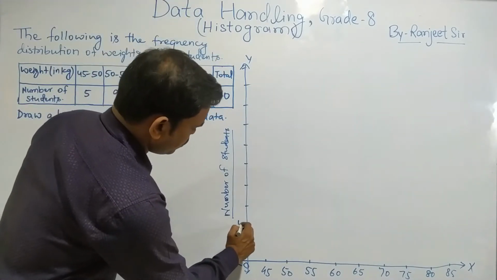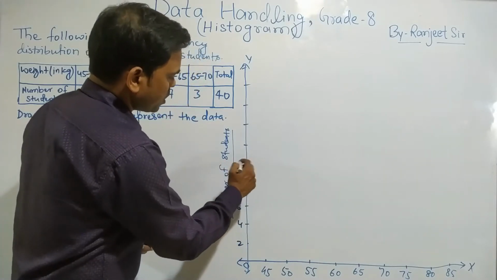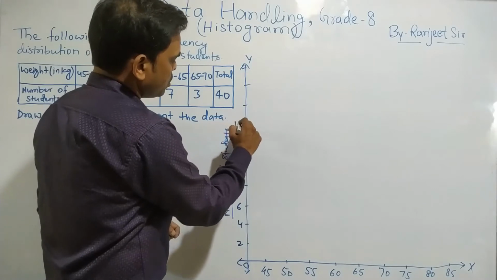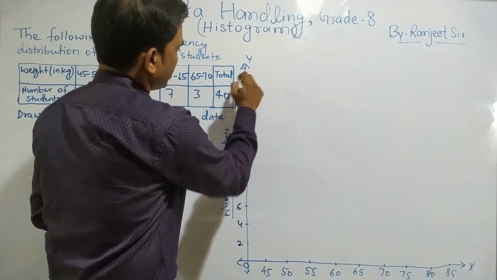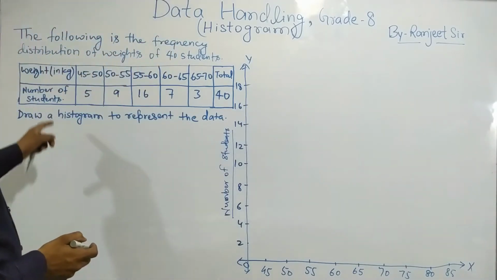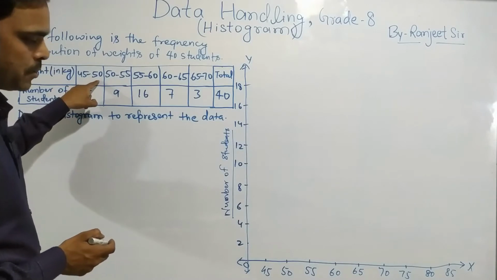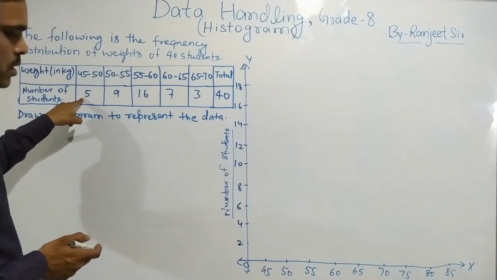So 2, 4, 6, 8, 10, 12, 14, 16 and 18. Now in 45 to 50, we have 5 students.